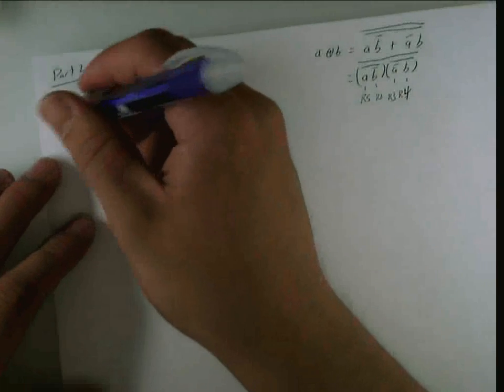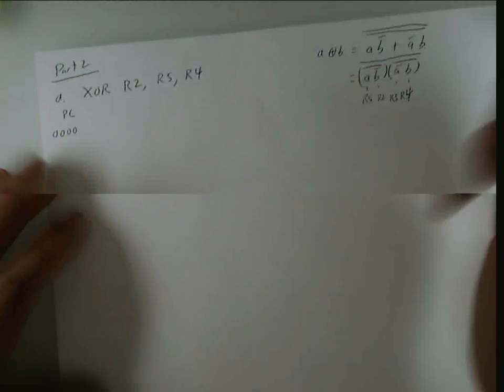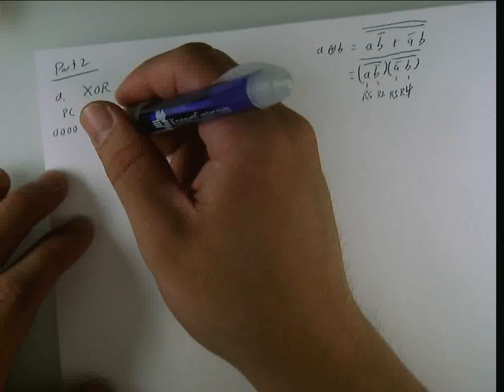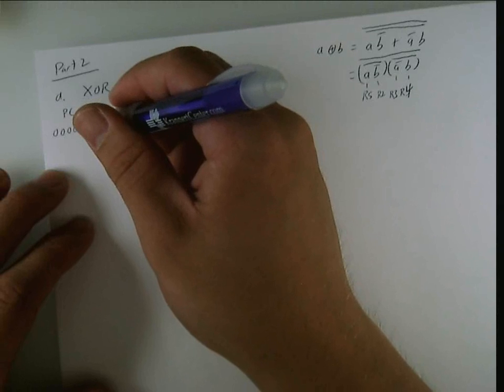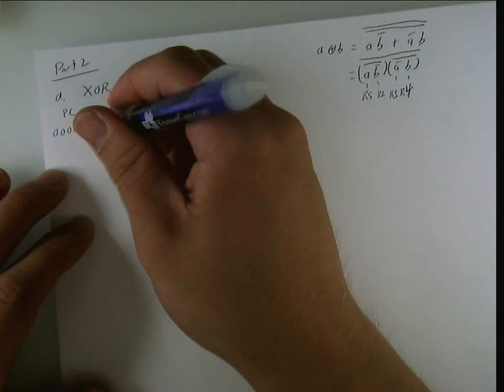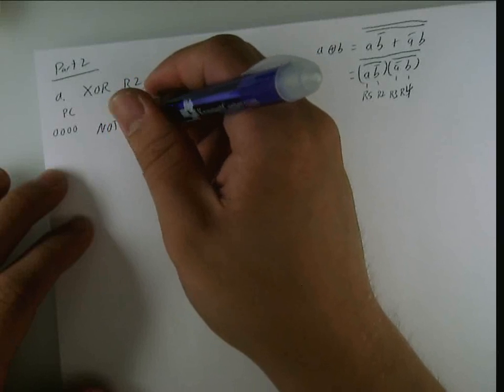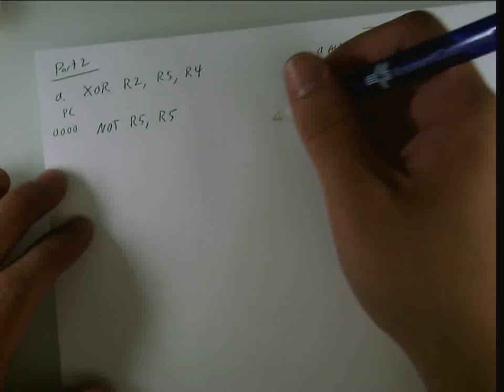So let's pretend I have a program counter, and it's going to start at 0, 0, 0, 0. Hopefully it won't take too many more than that. And so for my first instruction, I want to NOT R5 and store into R3. So this is going to be R3, R5.